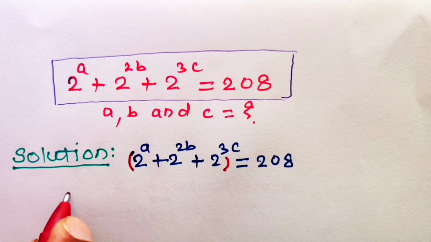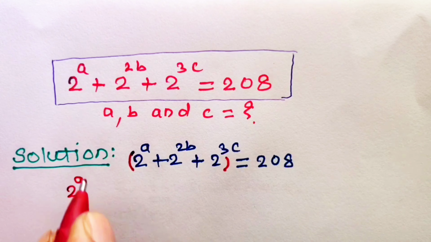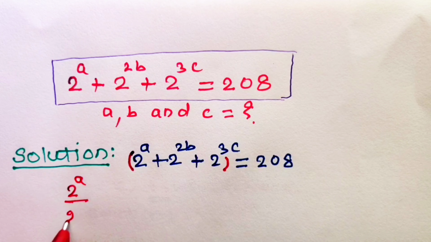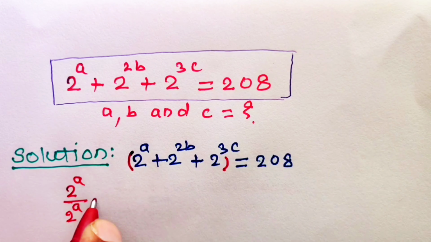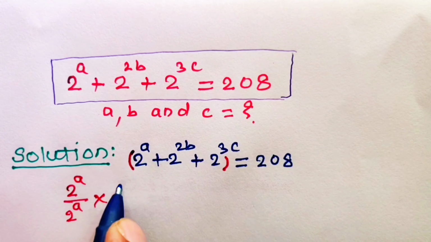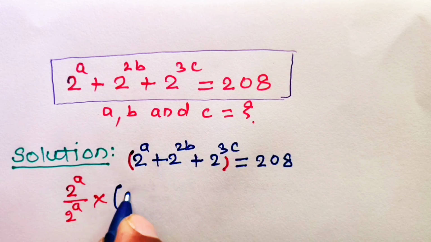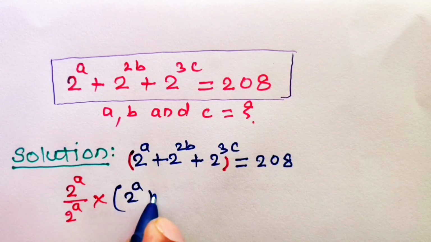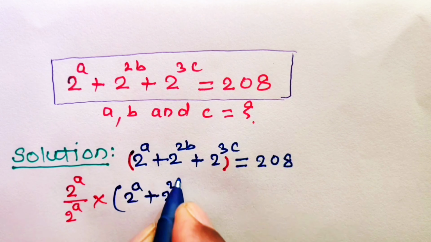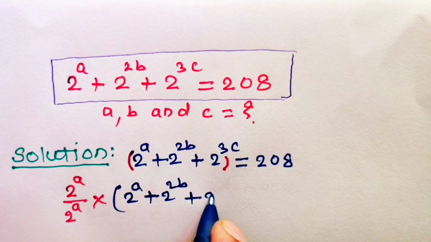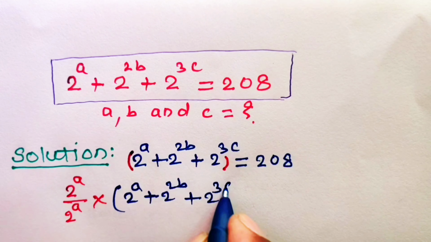Hence we can write 2 to the power a divided by 2 to the power a into bracket 2 to the power a plus 2 to the power 2b plus 2 to the power 3c.